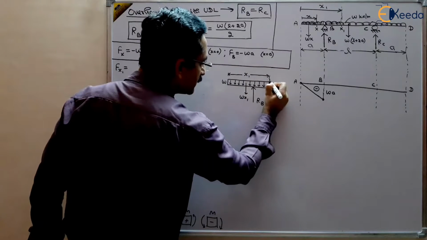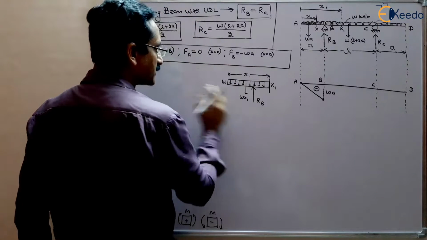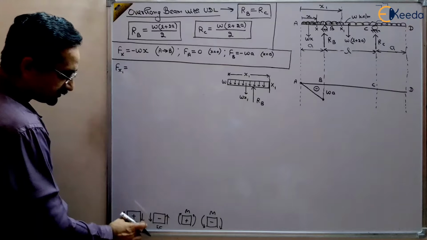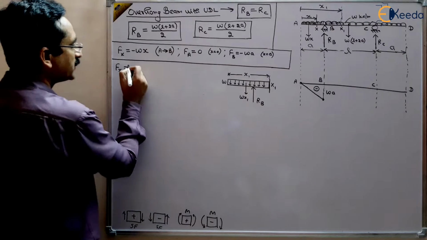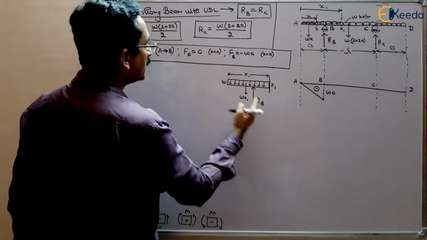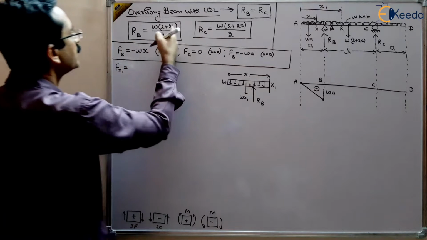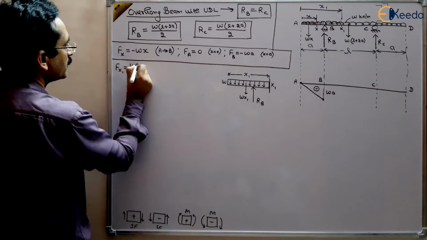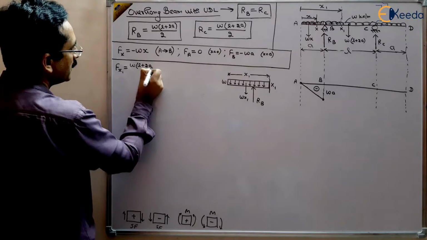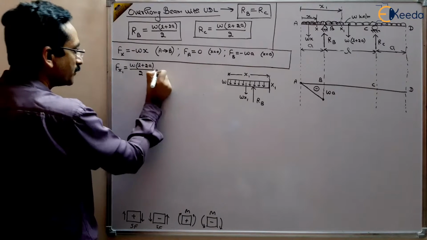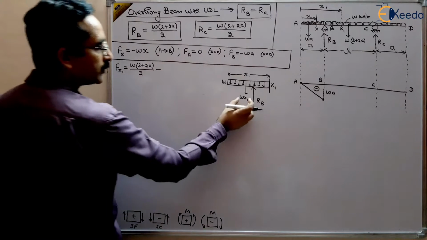We are checking on the left of this section. To the left of this section, if this is downward, this is negative. So this is minus Wx1 plus RB. What is RB? RB is W L plus 2a, L plus 2a divided by 2. This is positive, minus Wx1.